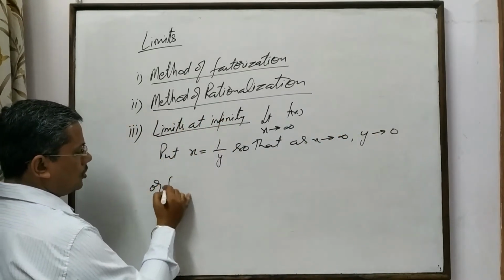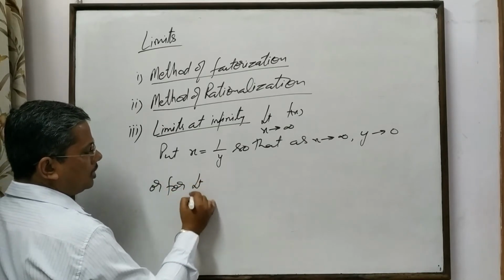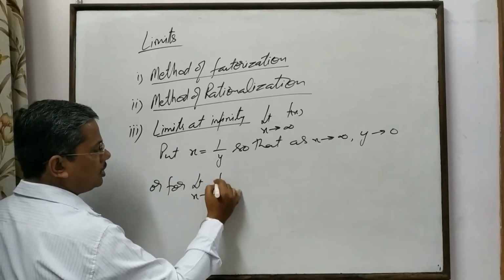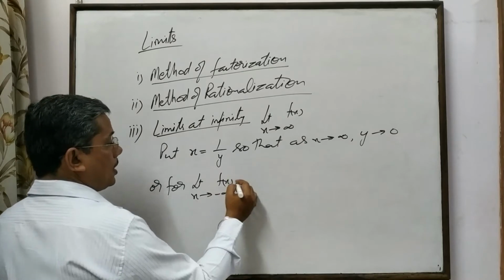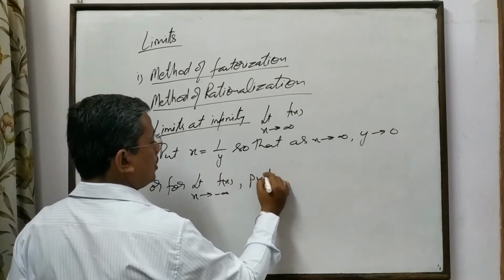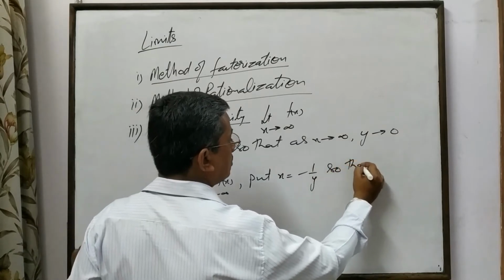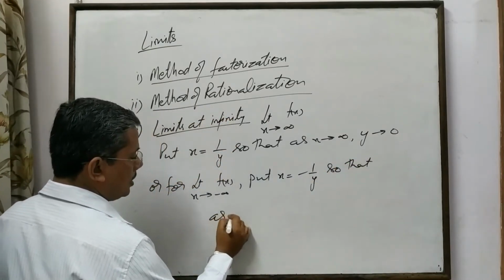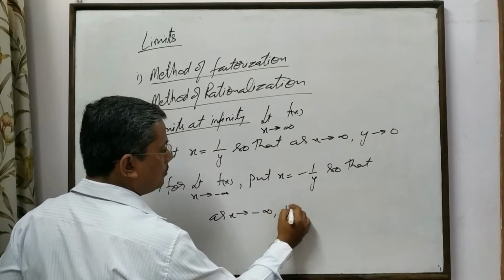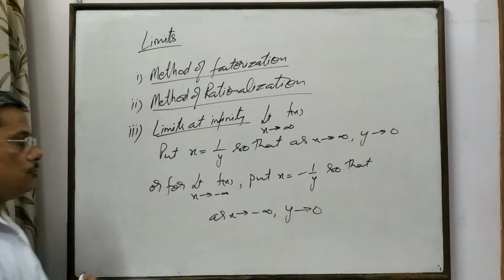Or for limit x tend to minus infinity f of x, put x is equal to minus 1 upon y, so that as x tend to minus infinity, y tend to 0.